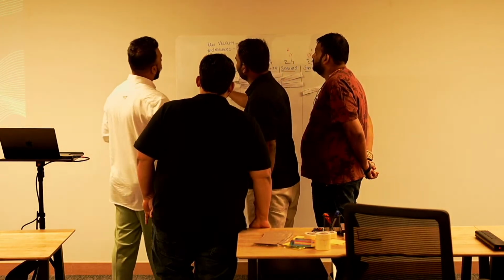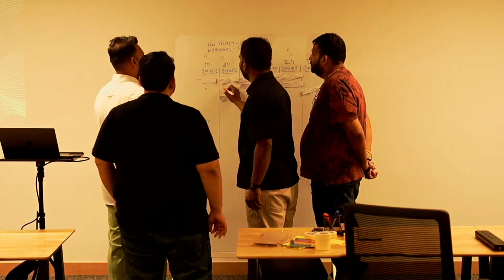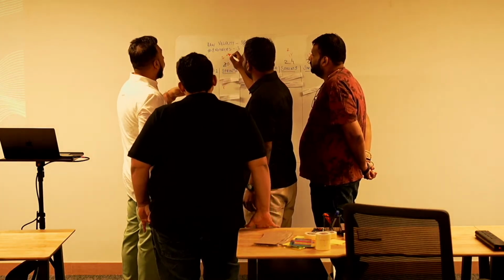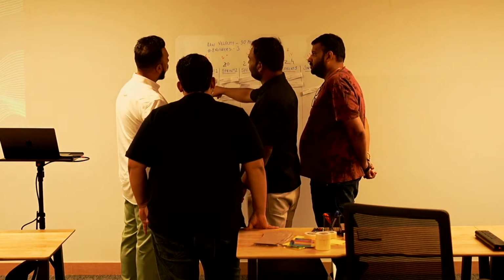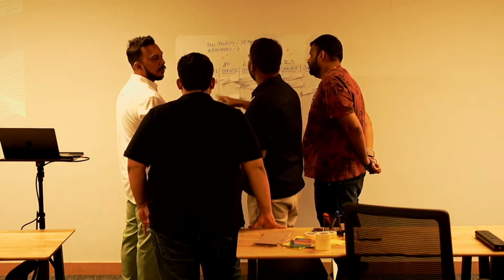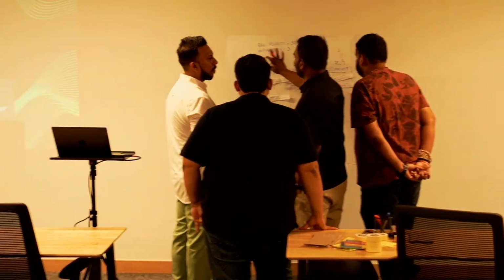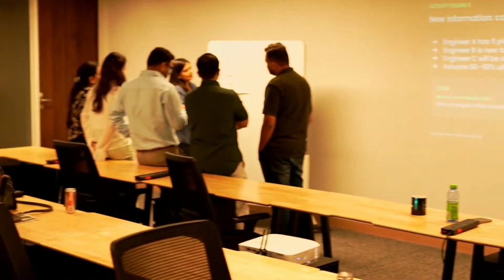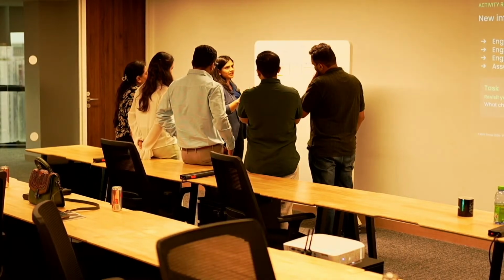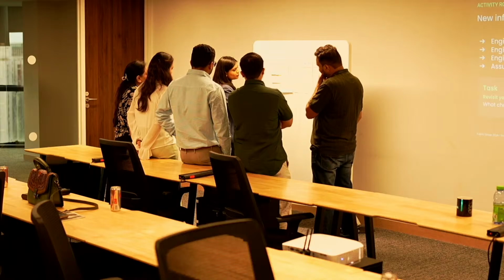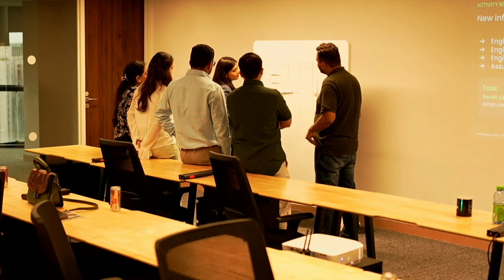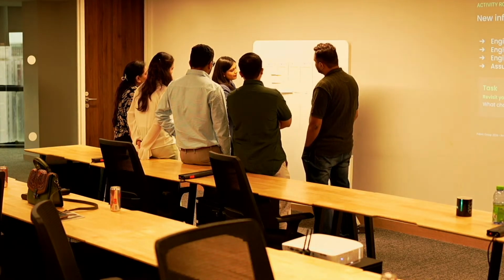And then we said the second engineer is still ramping up. Let's say their productivity is going to be divided by 50, so it's going to be half. So if a person is working in 2 sprints, their delivery is 10, divided by 2 is going to be 5. So they'll also be able to deliver 5. And the third person is not there in the team at all because engineer C is joining from sprint 2. So you'll minus 10. How many points are we left with? We're left with 10.